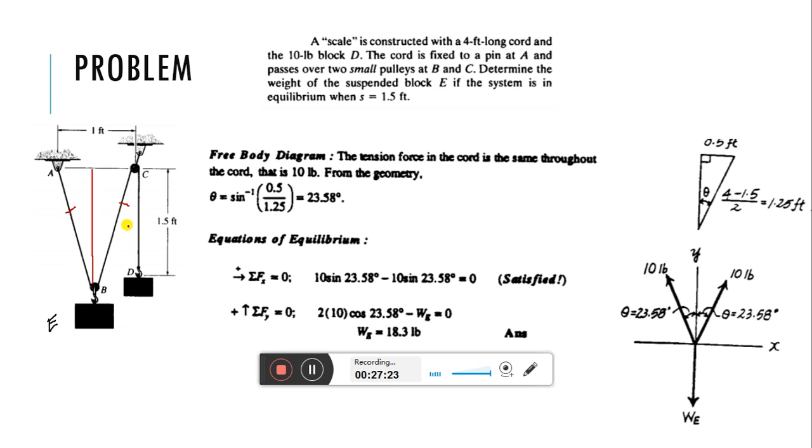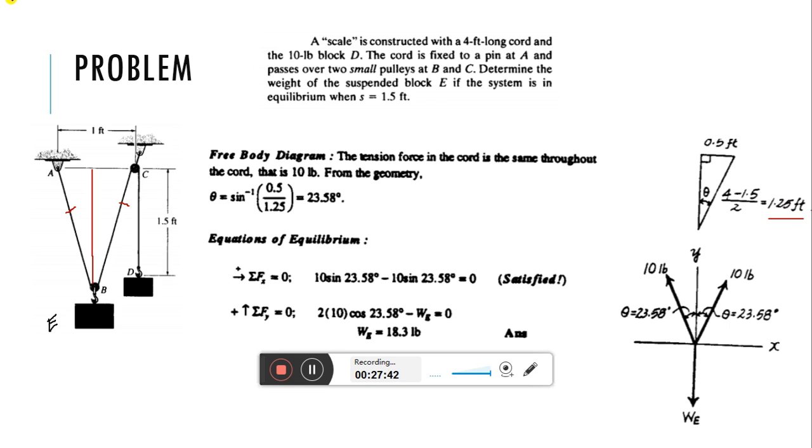So that means BC is how much? 2.5. 4 minus 1.5 is 2.5, divided by 2, that is 1.25 feet. Okay, that calculation is written here.